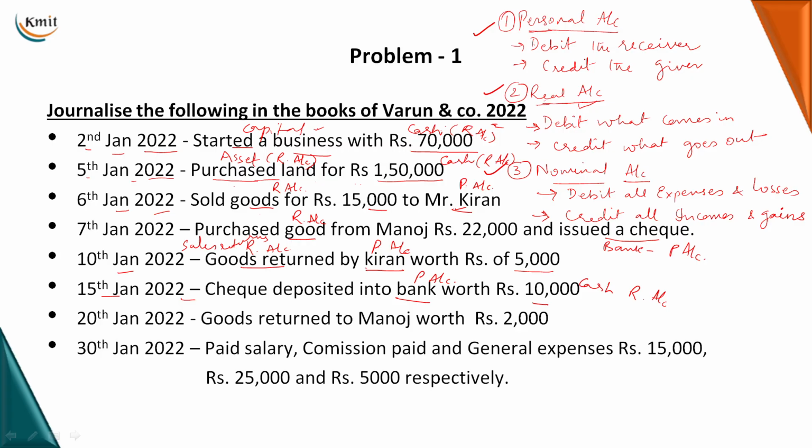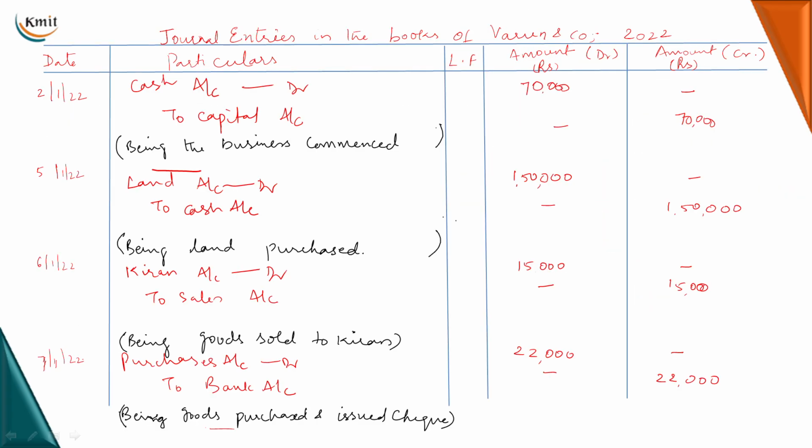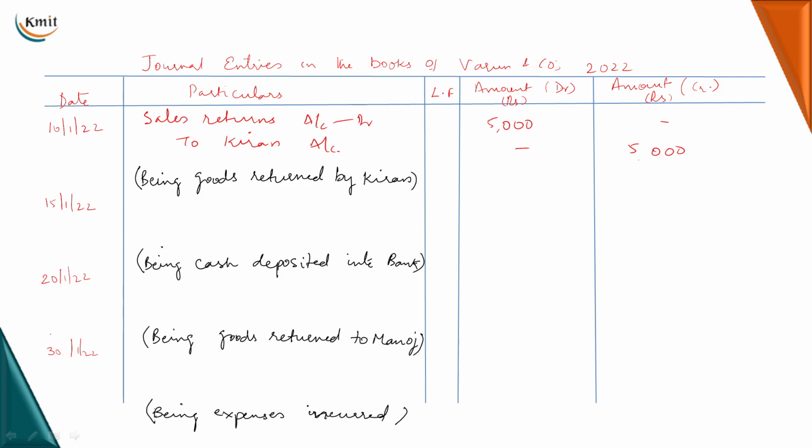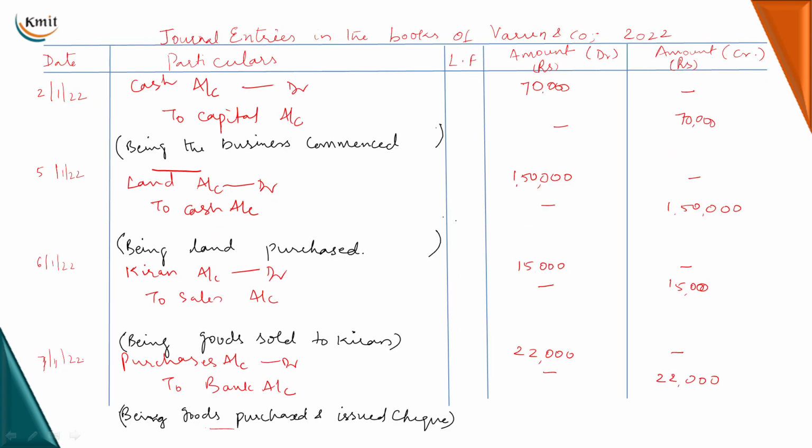So according to the personal rule, debit the receiver, that is, bank account has to be debited and cash account has to be credited. Entry will be bank account debtor to cash account, being the cash deposited into bank is the narration. The amount here is 10,000 in the debit and credit columns.